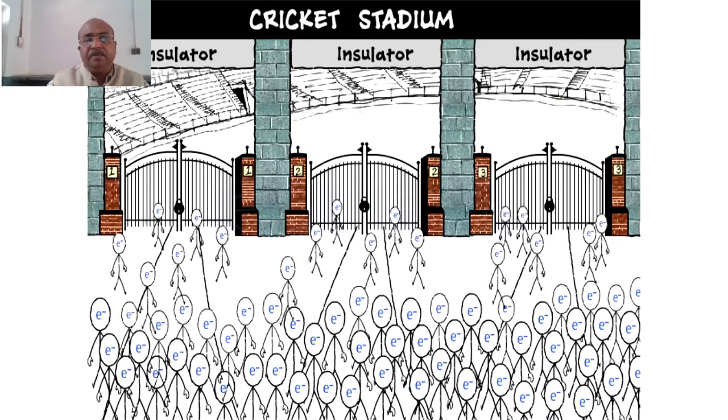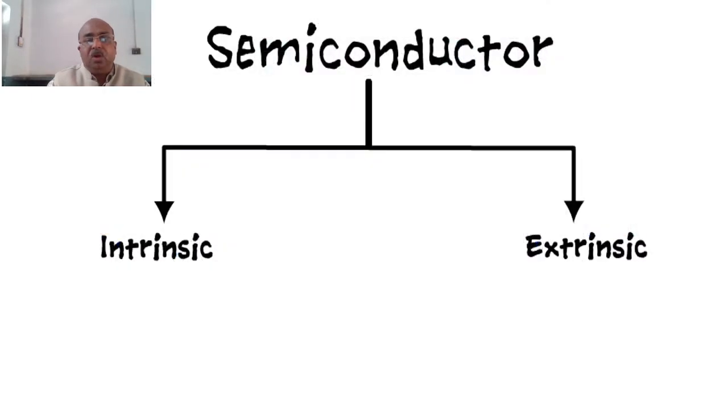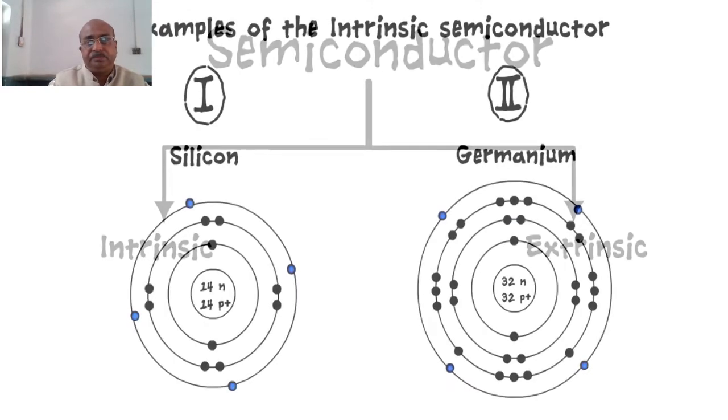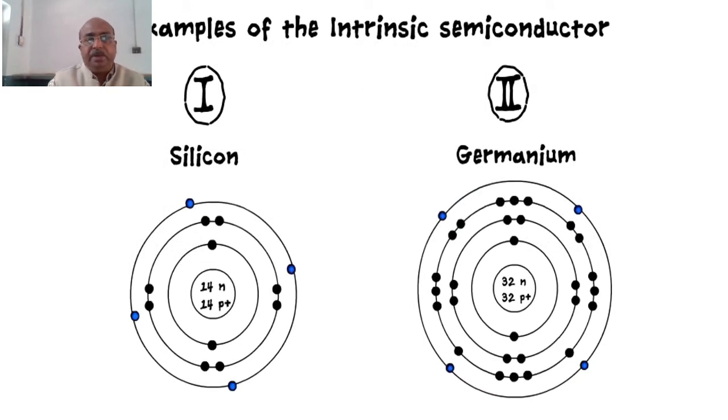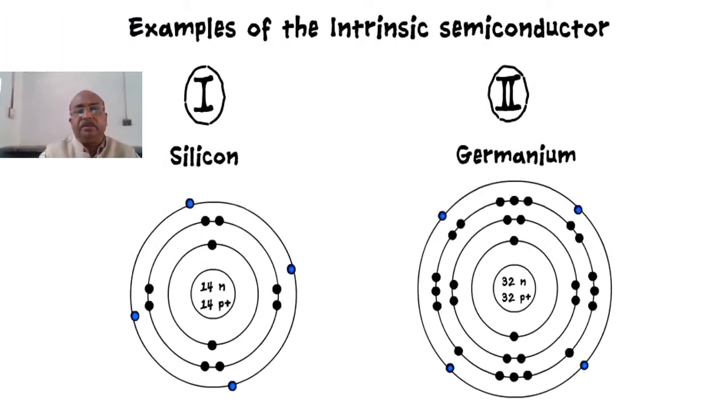Now let us have an overlook about how many types of semiconductors there are. Basically, we divide them into two parts, intrinsic semiconductor and extrinsic semiconductor. If we look here, we can see that there are two types of semiconductors being depicted. One is silicon, and silicon has four electrons in its outermost orbit, which can be shared.